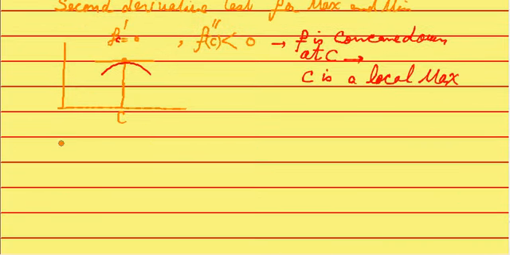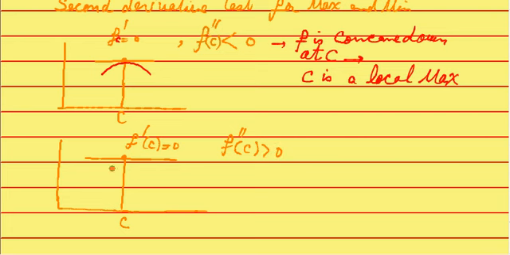Similar reasoning applies in the reverse case. Suppose there is a point C at which the derivative is 0, so f prime of C is 0. The second derivative in this case is positive. What we can conclude is that if the second derivative is positive, f is concave up.